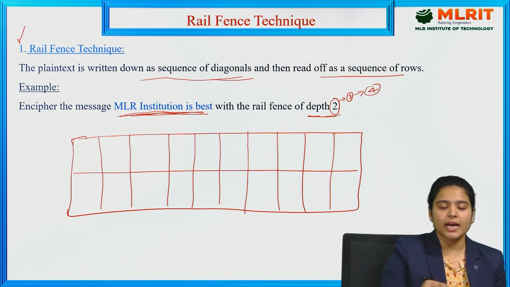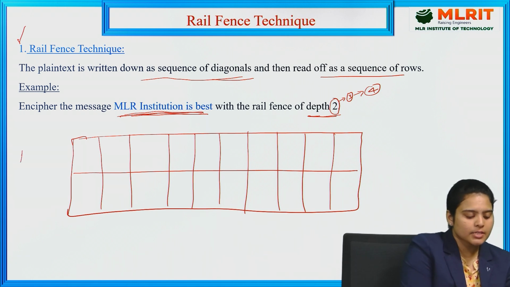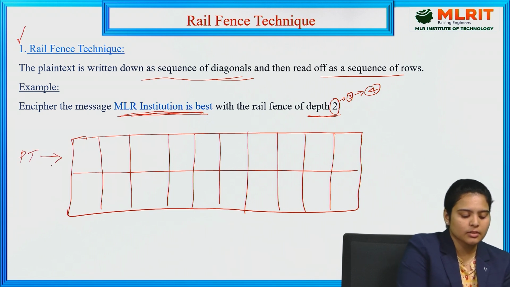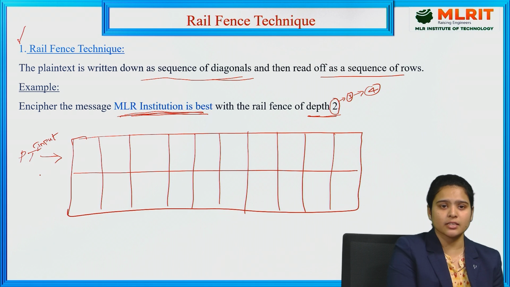While writing as a sequence of diagonals, we have already started with the plain text, which is the input process. So the input is "MLR institution is best".